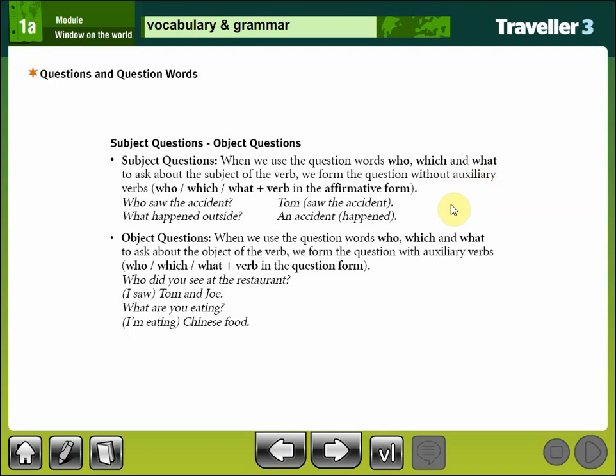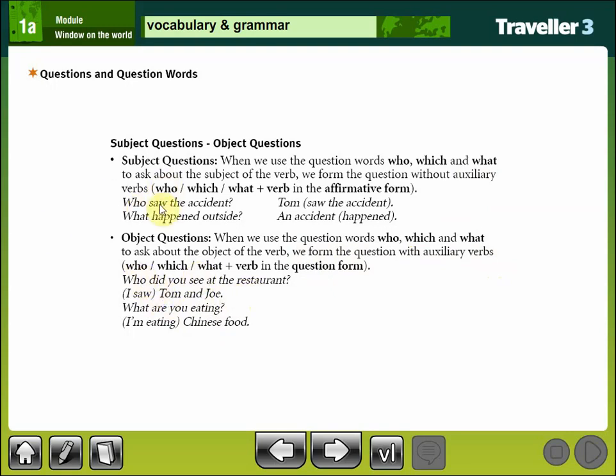We use an auxiliary here. We form the question with auxiliary verbs, helping verbs, verbs that sometimes carry the time, or change a little bit how the main verb, which is see here or eating here, functions. We are asking about the object here, of course.